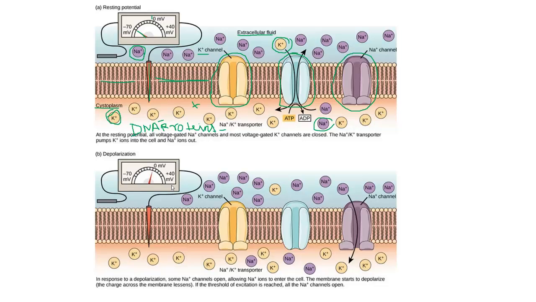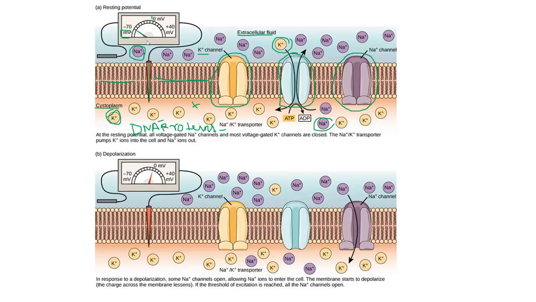Hence, the outside is largely positive because all it has is these sodium ions, which are positive. So if this needle was to measure the charge inside, it is measuring negative 70 millivolts. So the resting membrane potential, therefore, in a neuron is negative 70 millivolts.